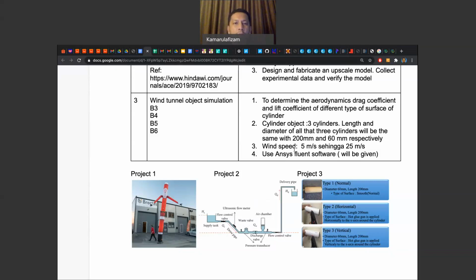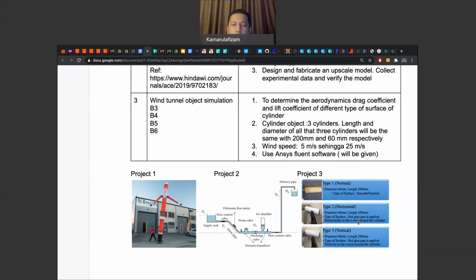Let's see what kind of value we will have for each group. This project number 3, the experimental data have actually been obtained from one experiment.